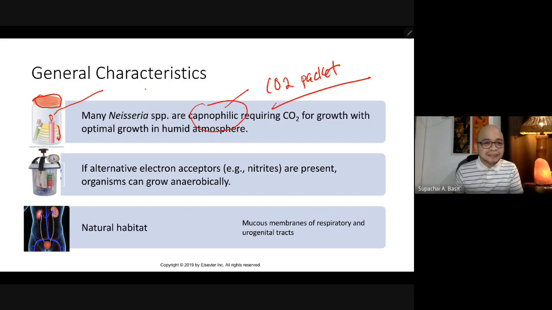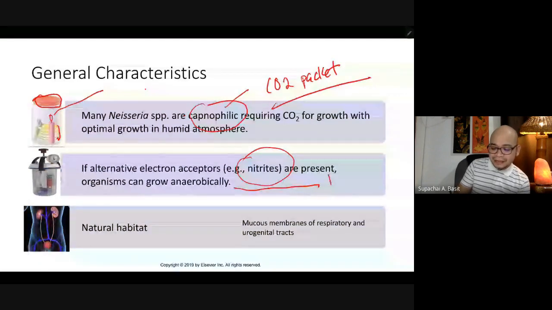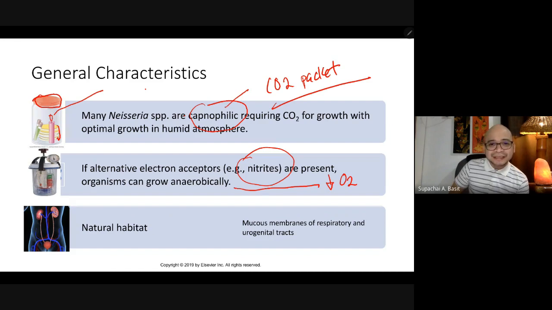If alternative electron acceptors are present, such as nitrites, organisms can grow anaerobically, which means if nitrites are present in the culture or incubation condition, then the organisms can grow anaerobically. So even if you deprive the culture of oxygen, the organisms can still grow.